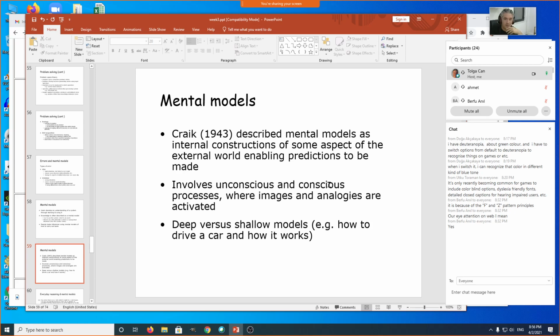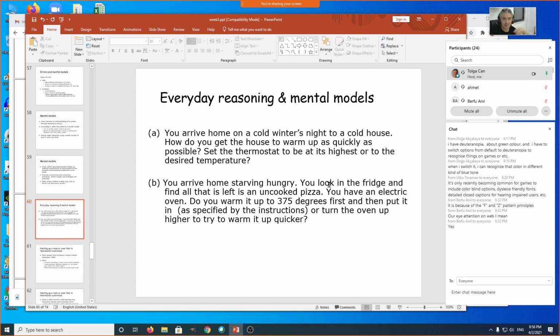A mental model is an internal construction of some aspect of the interface or the external world. When we build mental models, we build them from things that are similar. Some models may be deeper, some more shallow, so there are different levels of detail.